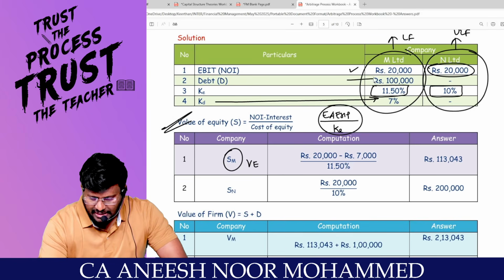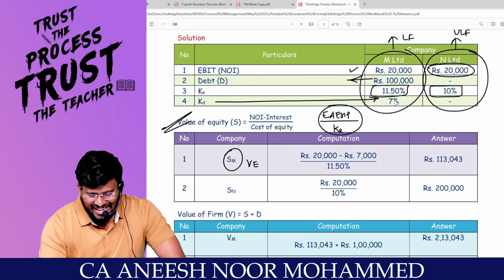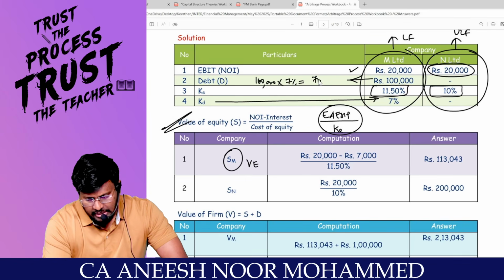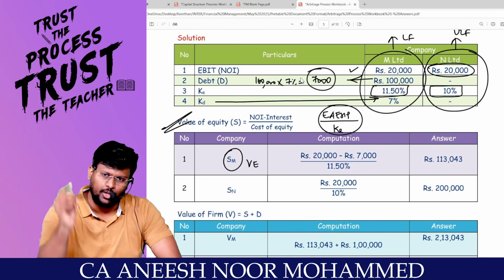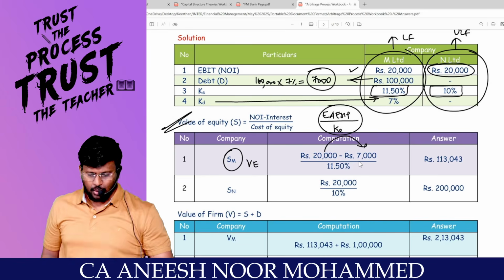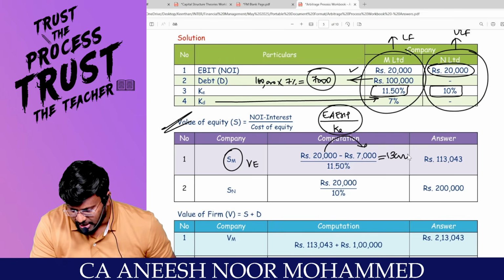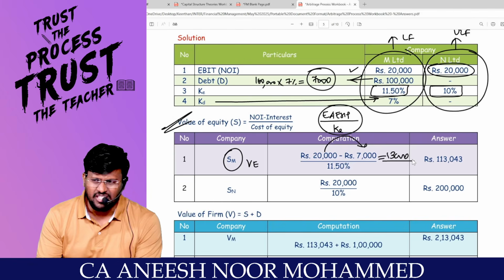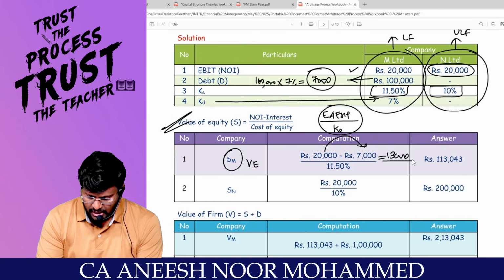The debt is 1 lakh, and KD is 7 percent. So 1 lakh into 7 percent comes to 7,000. They are supposed to pay this to the debt holders. So 20,000 minus 7,000, 13,000 rupees will be the earnings available to the equity shareholders. So 13,000 divided by 11.5% is their expectation.